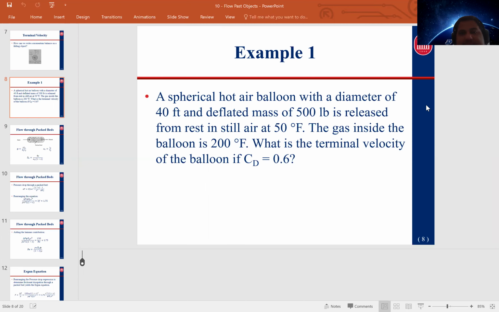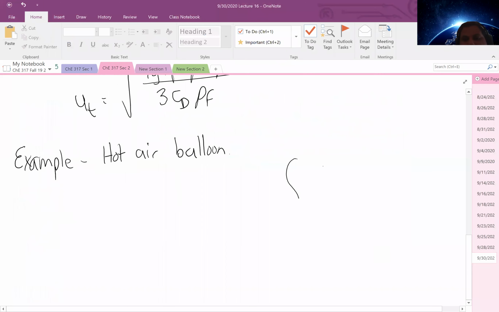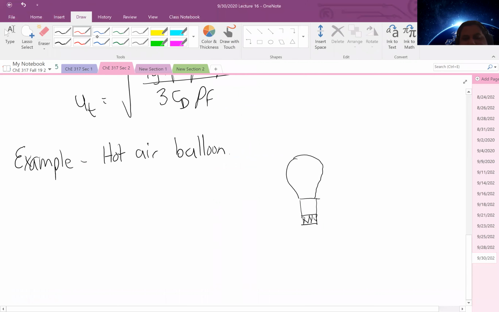And for this system, we had our hot air balloon, where when we're considering the forces involved, we have a buoyant force, a force due to gravity, and a drag force.